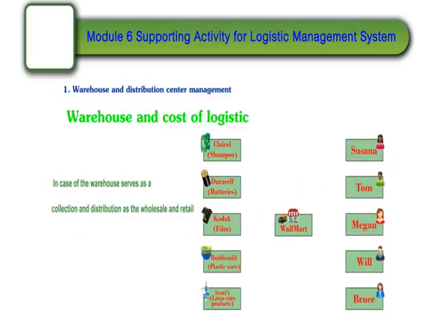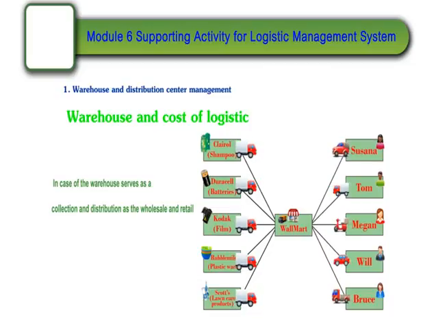From this figure it can be seen that if there is a warehouse, which is the area for collection and distribution as wholesale and retail, there will be 5 products distributing to 5 consumers.